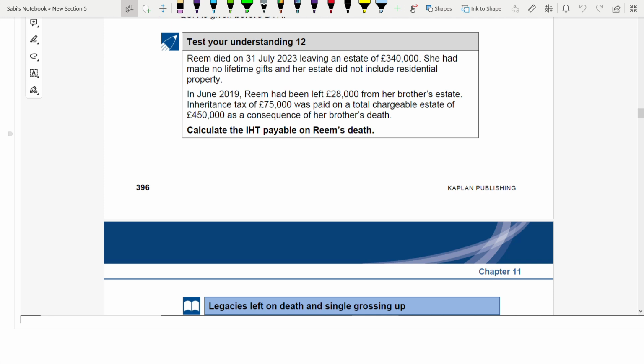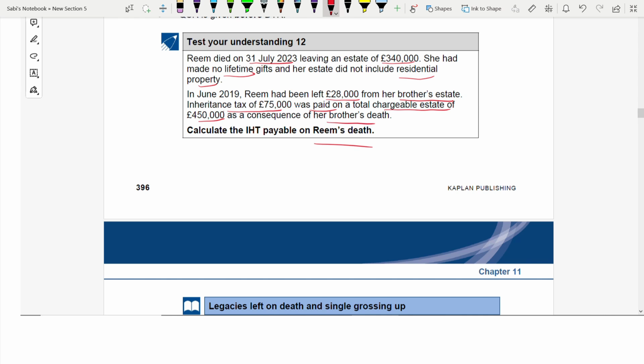Test your understanding. 12. Calculate IHT payable on Reem's death. Reem died on 31st July 2023, leaving an estate of 340,000, no lifetime gifts, no residential property. She had been left 28,000 from her brother's estate. Inheritance tax of 75,000 was paid on a total chargeable estate of 450,000 as a consequence of her brother's death.